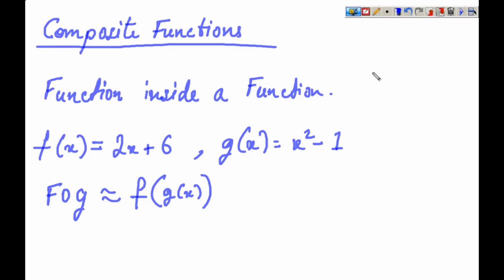First we'll write f of g of x, that is f of x square minus 1, that is the value of g of x.